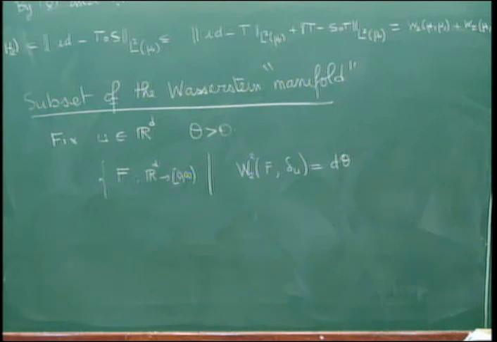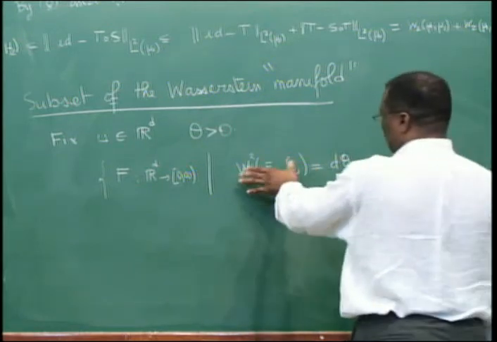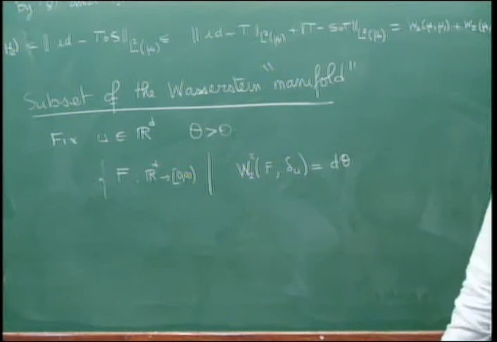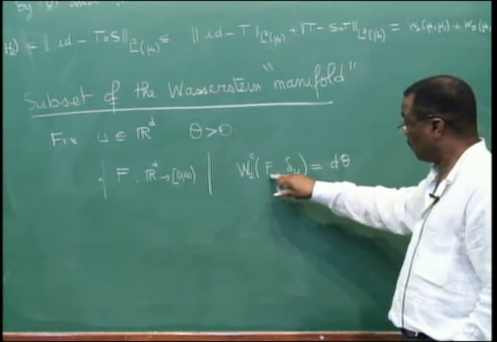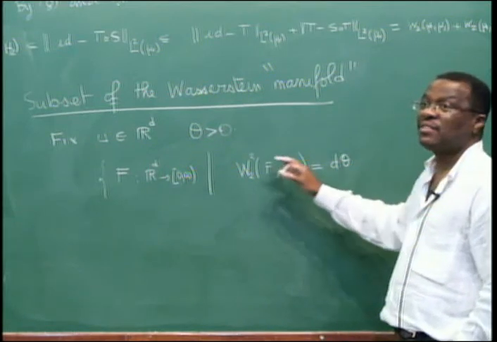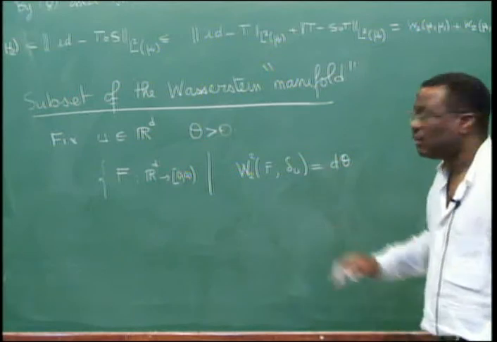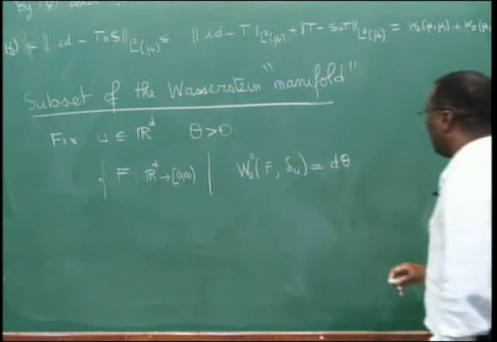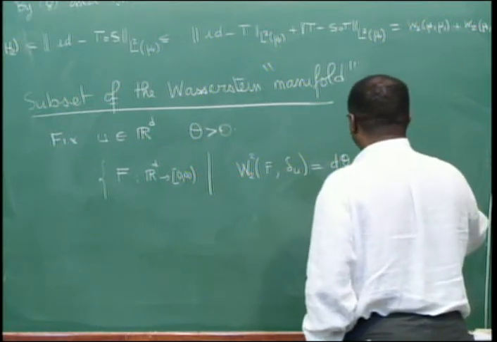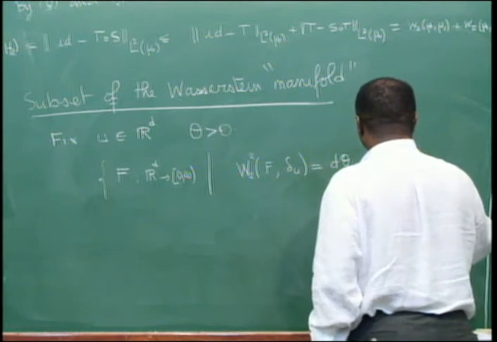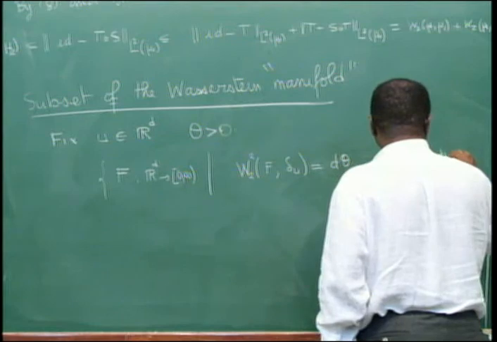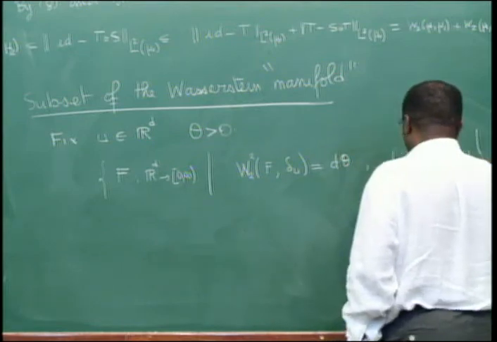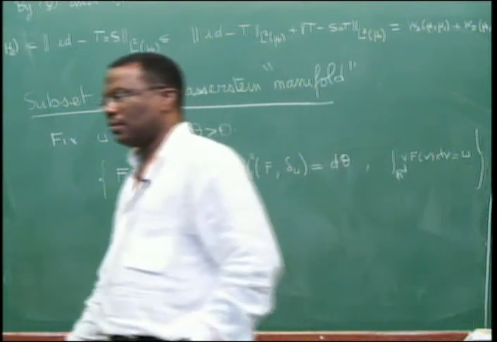So as I said, it is easy to show that the distance between the Dirac mass and F, if I take the mean of F, is the variance of F. And I am going to impose also that the average is fixed.